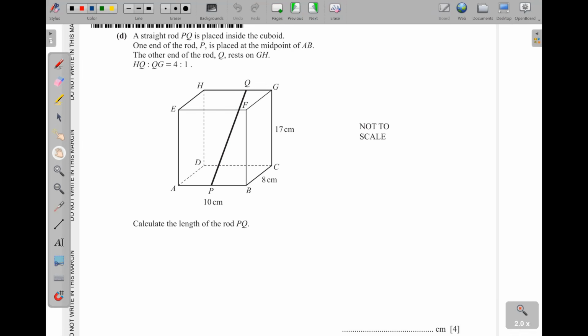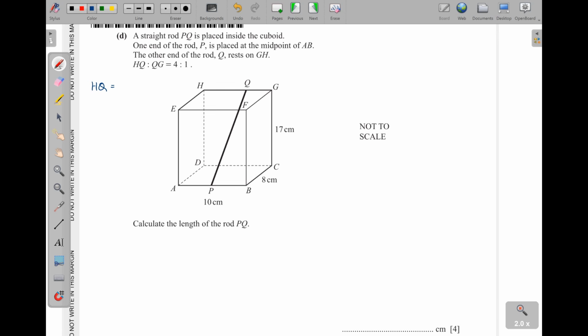Then next part D, a straight rod PQ is placed inside the cuboid. One end of the rod P is placed at the midpoint of AB. The other end of the rod Q rests on GH. HQ to QG is equal to 4:1. Now, the total ratio here is going to be 5. So I can begin by finding HQ.